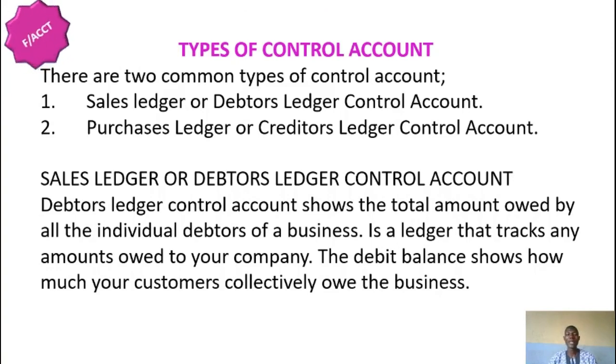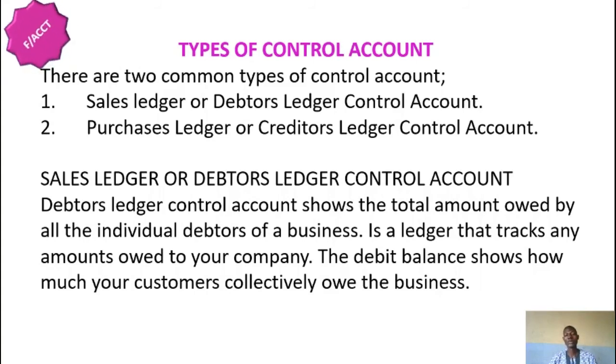Now, what is sales ledger or debtors ledger control account? Debtors ledger control account shows the total amount owed by all individual debtors of a business. I sold on credit to Mr. James. I sold on credit to Mr. Igwe. I sold on credit to Mr. John.